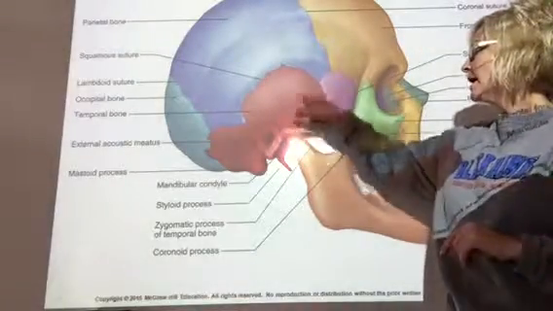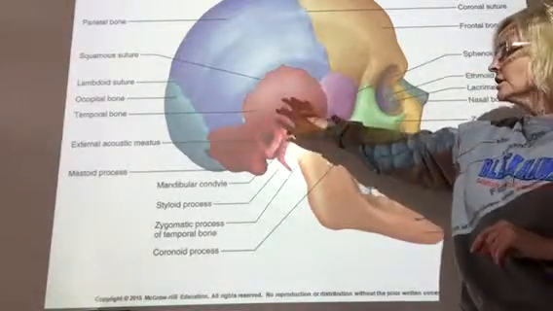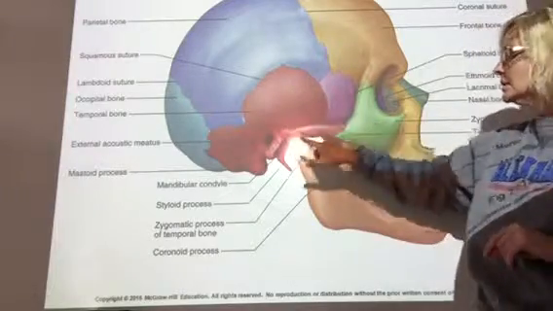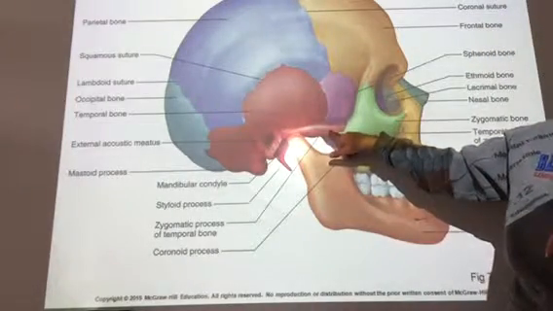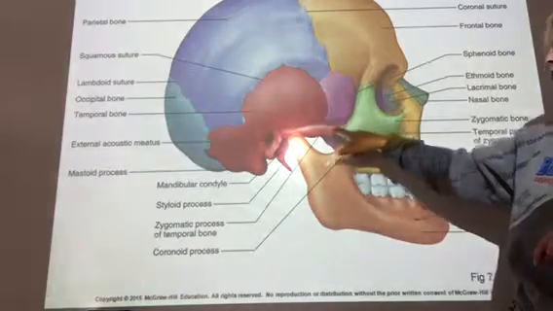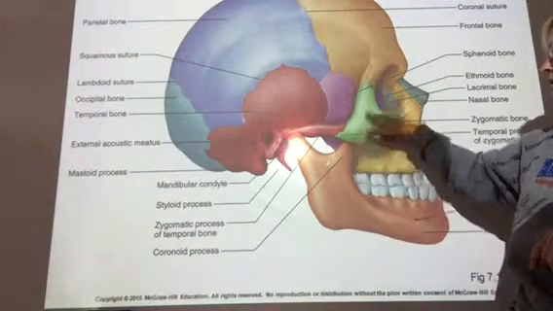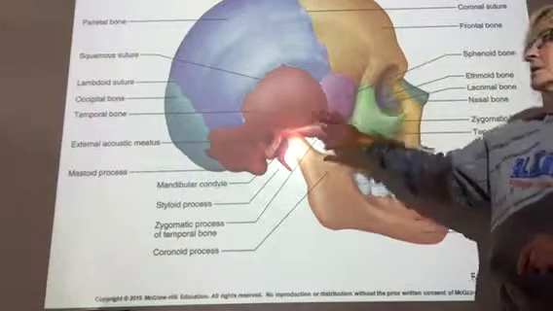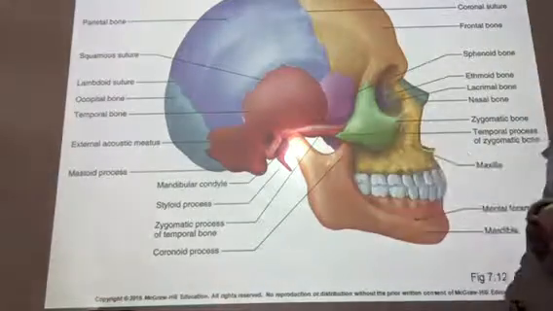On the temporal bone is the zygomatic process because it's going to attach to or hook to the zygomatic bone. So those four things I expect.